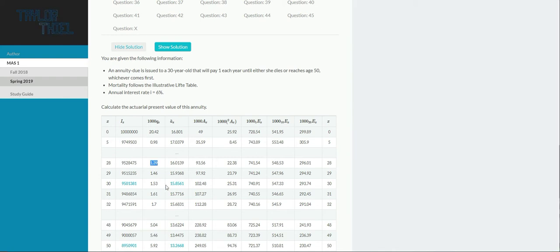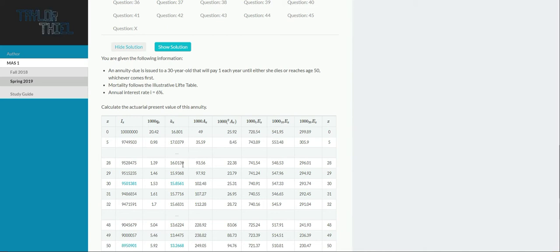Next, for the annuity due, so this should be a double dot above the letter A. I couldn't figure out how to display that in my R Markdown file. But what this is representing is if you received $1 every year, and taking into account the probability of you living to certain ages based off of this column, what is your expected value? So if I am 28 and I die at 28, I assume I get $1, and it's not discounted at all because I got it that year, and so I would get 1.